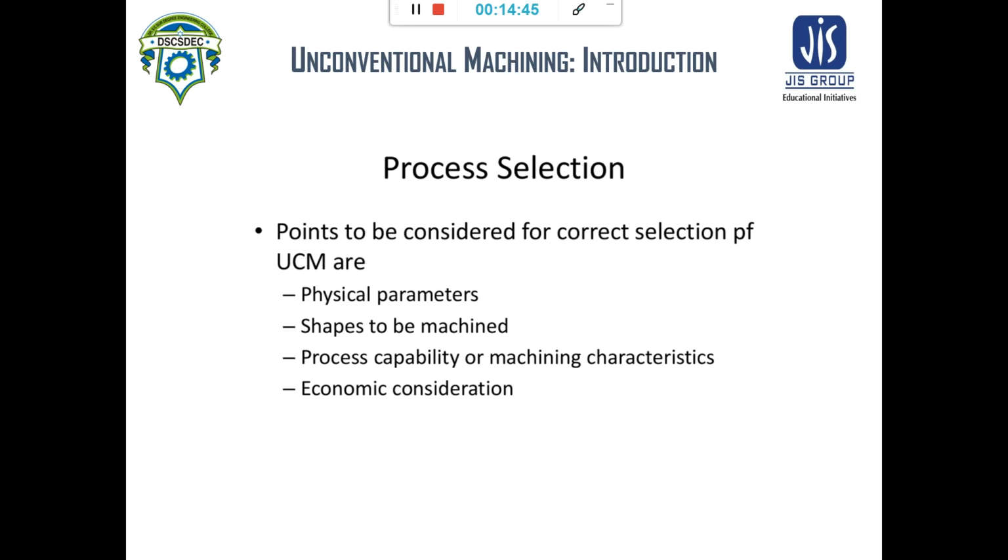That process selection will be based on four parameters, four pillars. First, physical parameters. Secondly, shape to be machined, process capability or machining characteristics, and economic consideration.